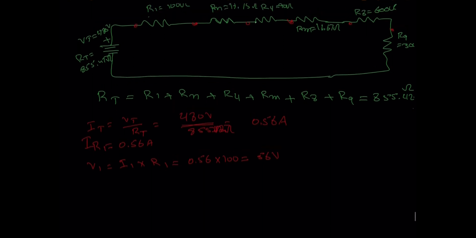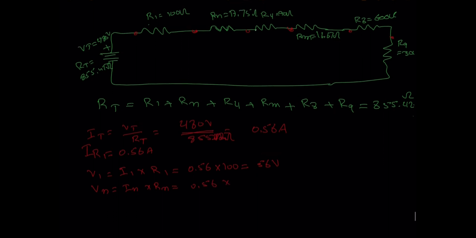Now move on to Vn, which is equal to In times Rn. In is 0.56 times 18.75, which gives me 10.5 volts.